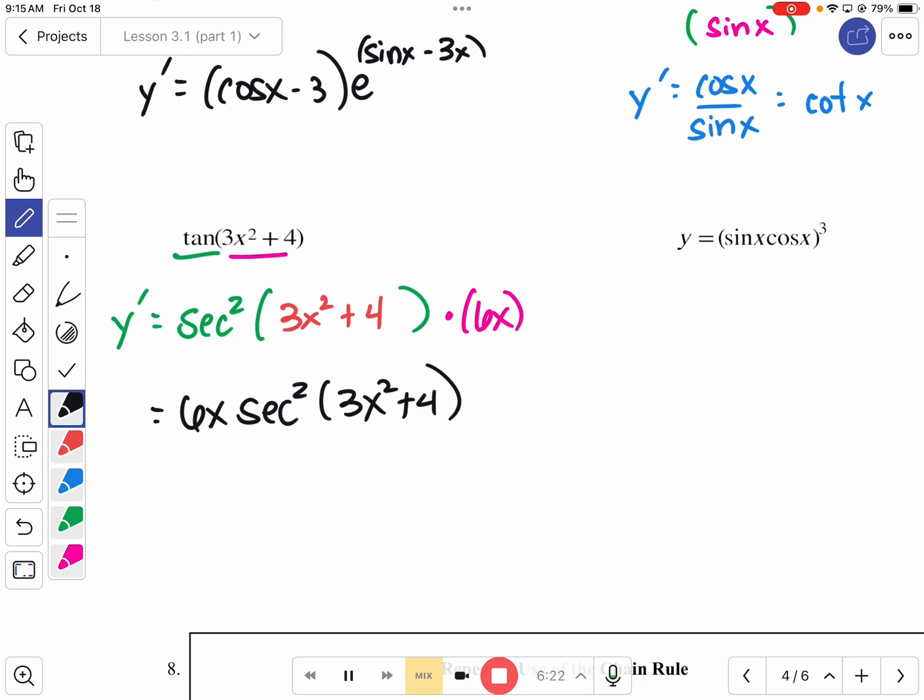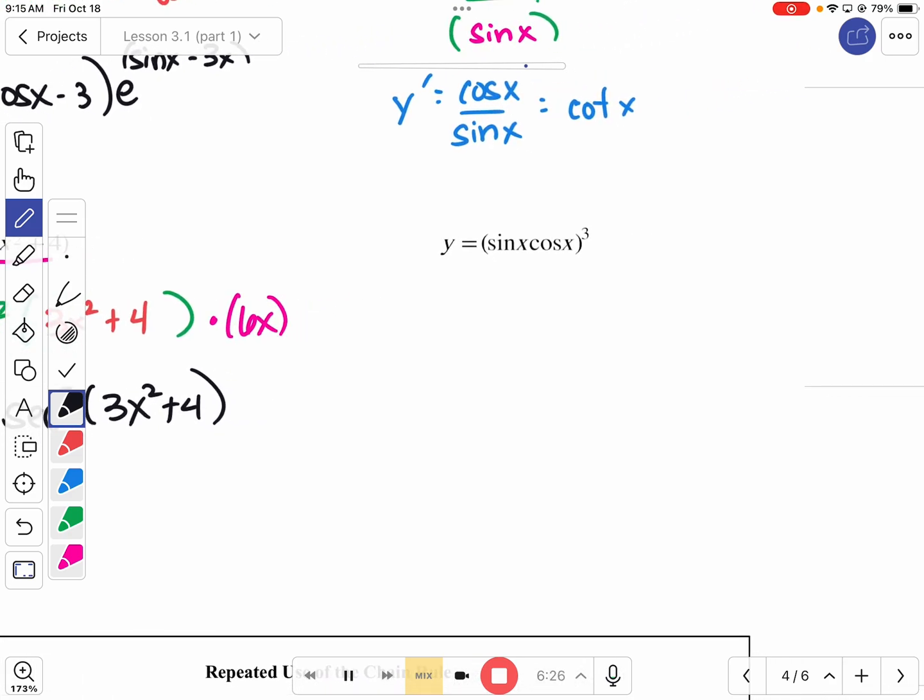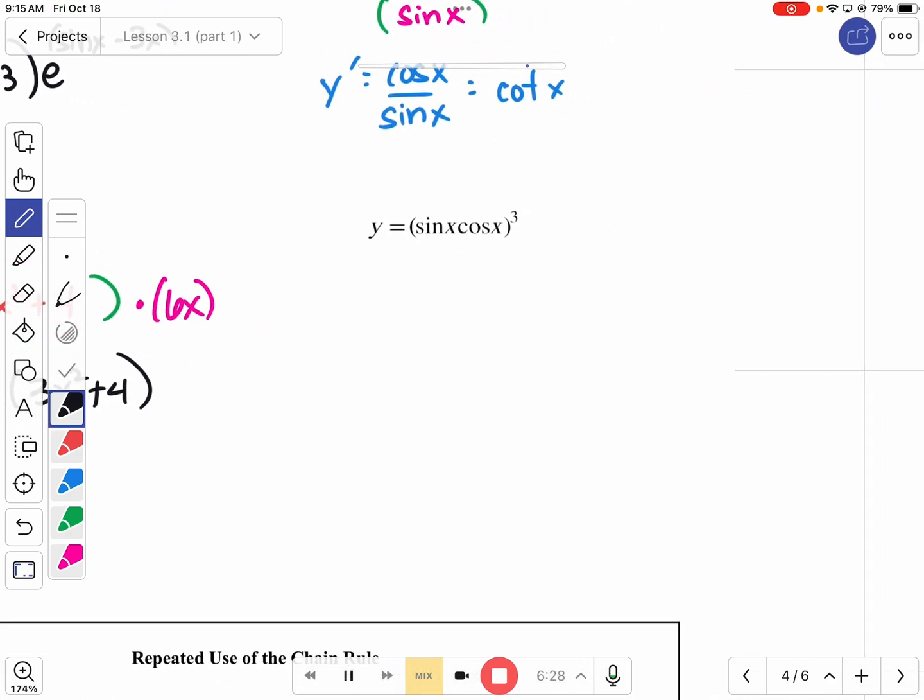All right. Let's look at the next one. y equals sine x cosine x, all to the third. What is your outside function? Something to the third. So we're going to take y prime equals 3 times that something squared.